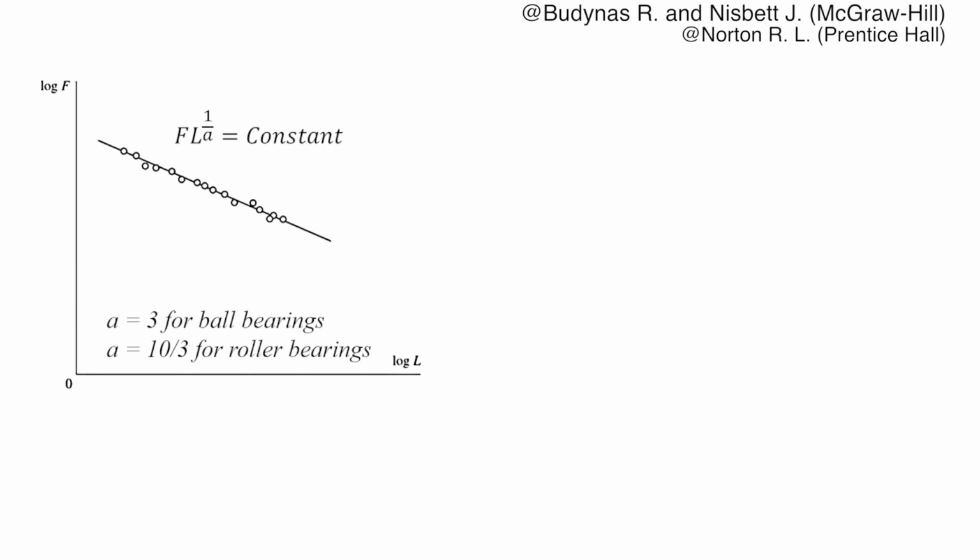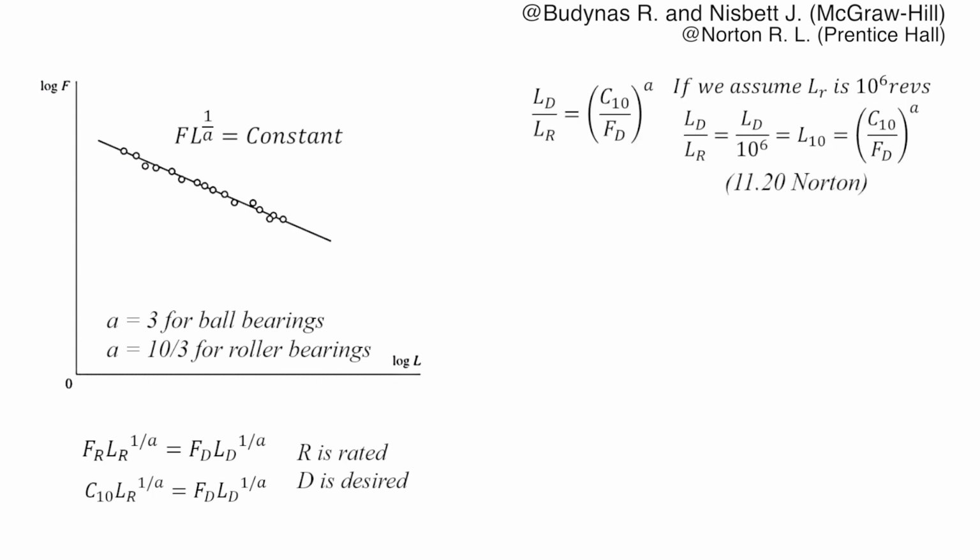This means that for both spherical and cylindrical bearings, we can design a desired bearing based off of a manufacturer's rating, as both the desired and rated relations are equal to the same constant. Often, manufacturers rate a bearing after 1,000,000 revolutions, hence the simplified formula in Norton's book.